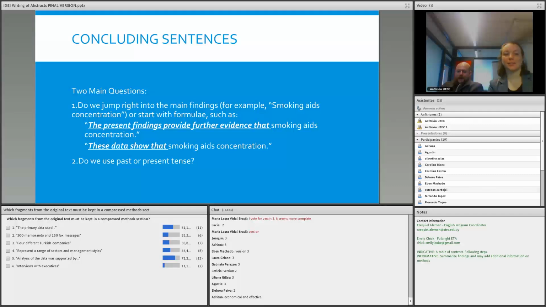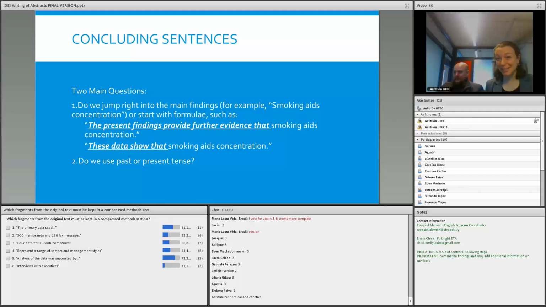So the last part is concluding sentences, which have become significantly more important in the past decades, because this can be something you use to attract readers. But there are two main questions when you're trying to write a concluding sentence.